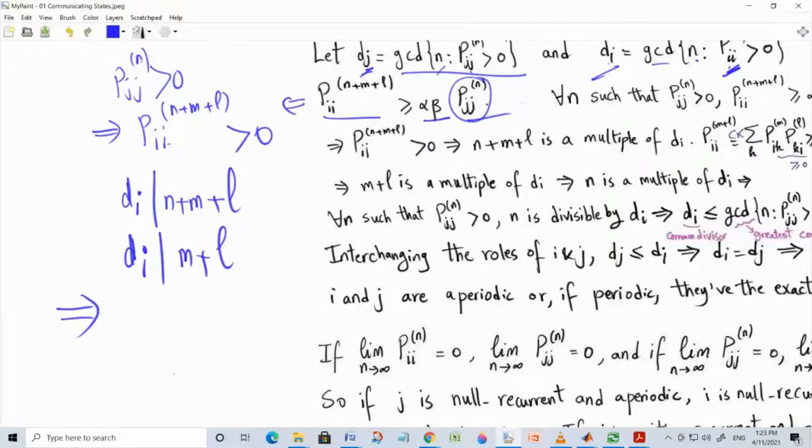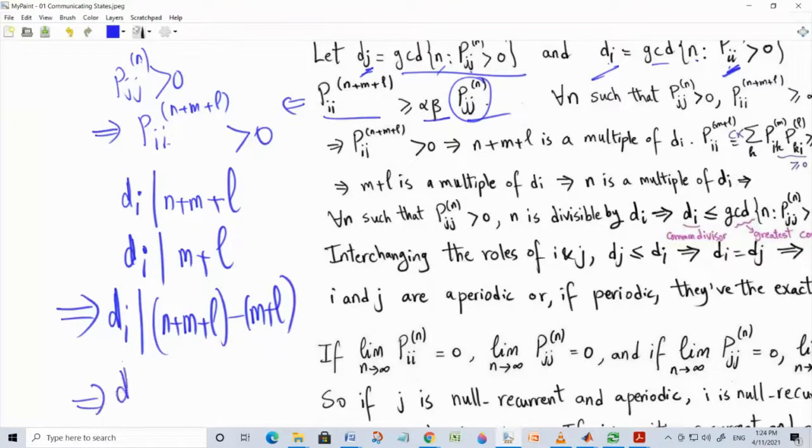We know from the divisibility rules that if d_i divides n plus m plus l and d_i divides m plus l, it must be the case that d_i divides the difference between them, n plus m plus l minus m plus l. And so d_i divides n. So the conclusion here is that n is a multiple of d_i.